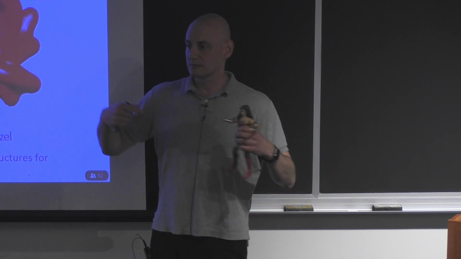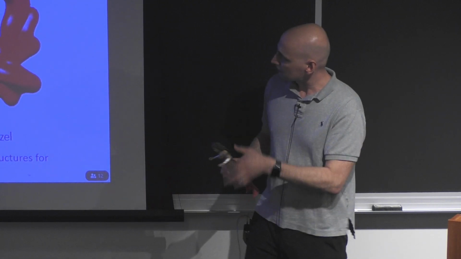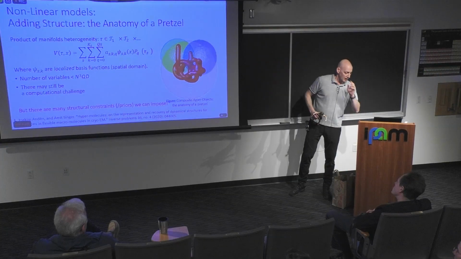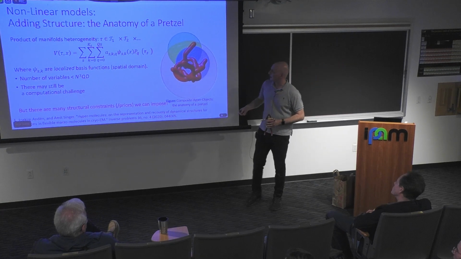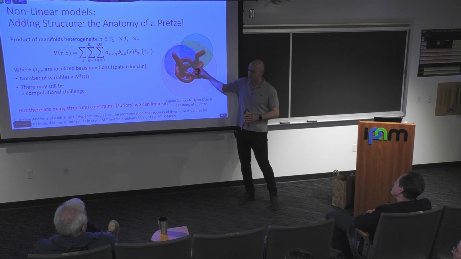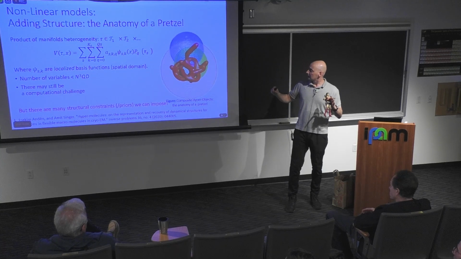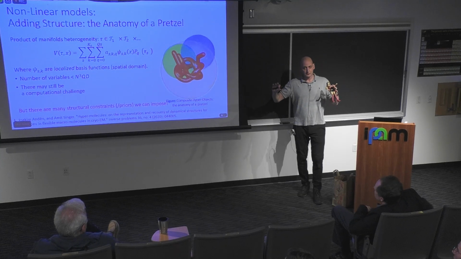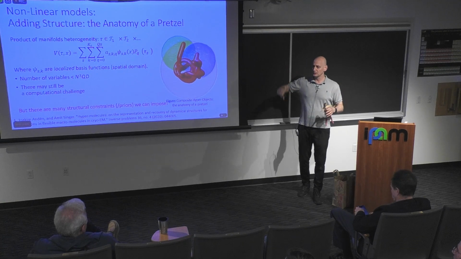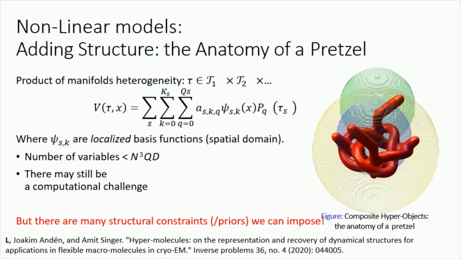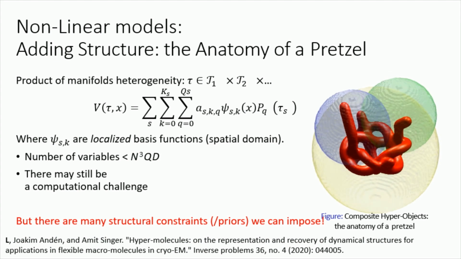But if you impose a very simple model, for example, here we have this thing with 2 arms flapping around. But if we look at the anatomy of this thing, we have a rigid object with these 2 distinct regions that are heterogeneous. If you count the number of coefficients that you need in order to represent this, you see that they grow linearly.